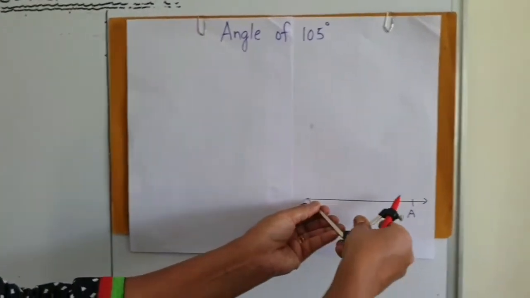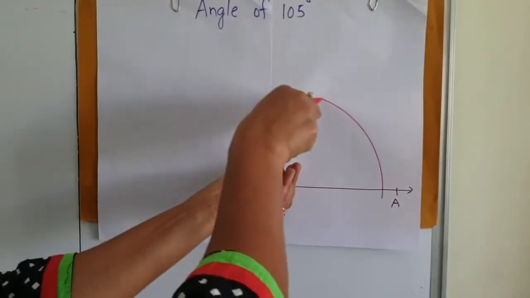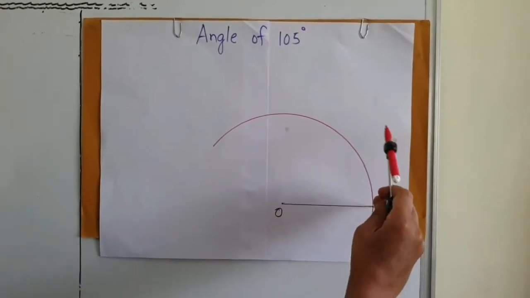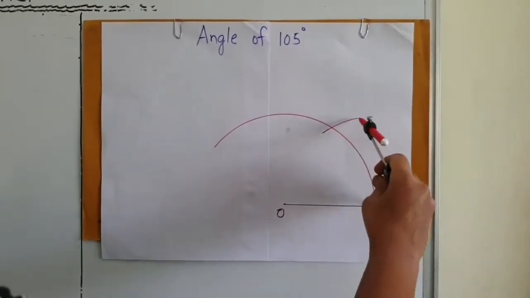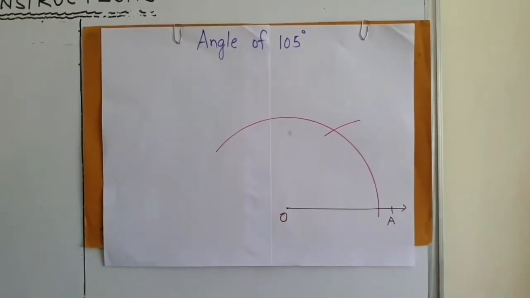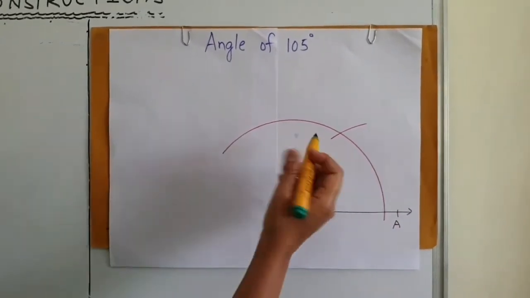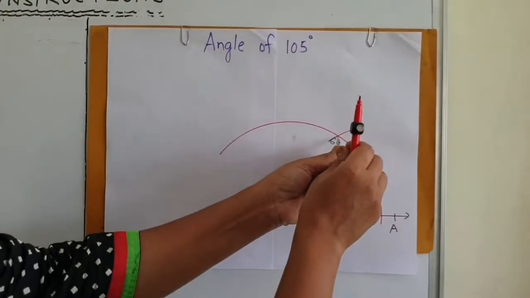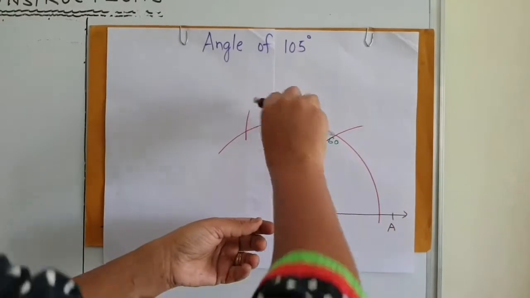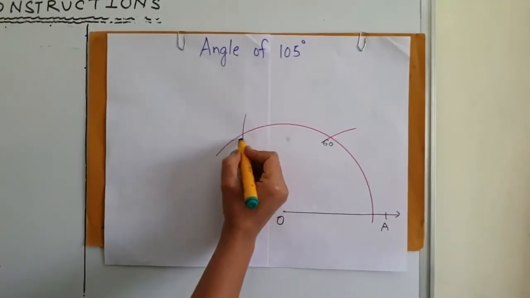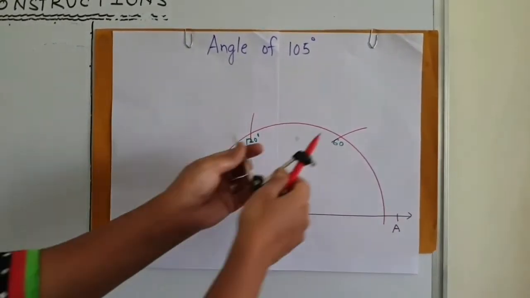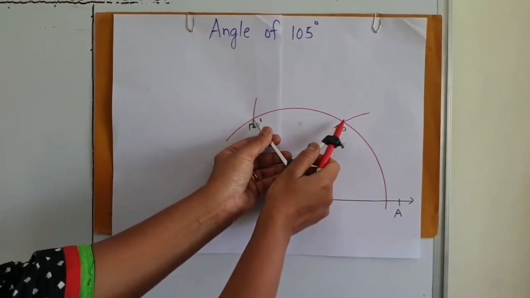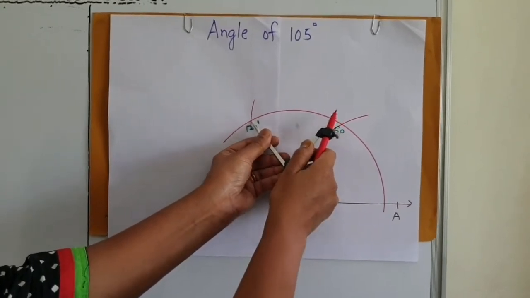With O as center and convenient radius, draw an arc. Then this cuts at OA. From there, draw another arc. This is 60 degree. Now from here, this is 120 degree. Now the angle bisector of these two, 60 and 120, will give us 90 degree.